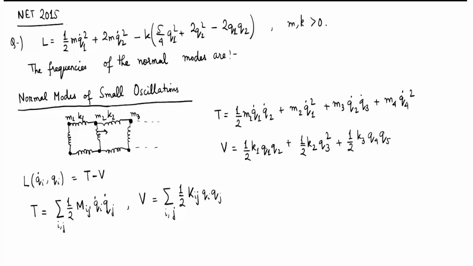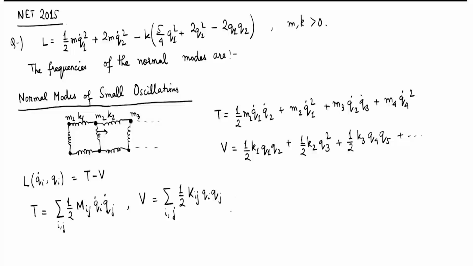What I have written here, some k1, k2, k3, are constants. Did you understand up till here? So this is the generalized form of the kinetic energy, and this is the generalized form of the potential energy.